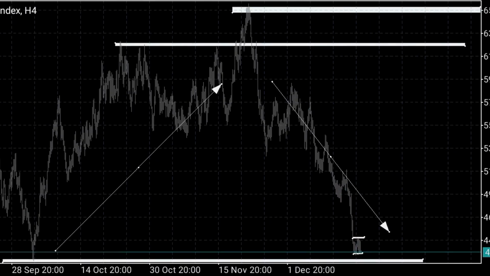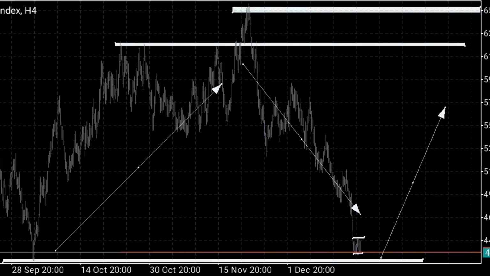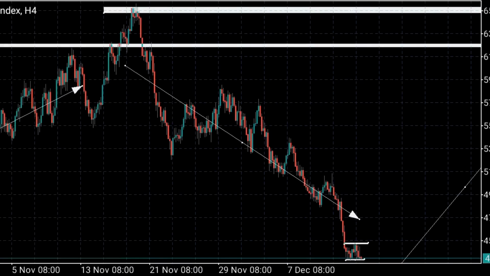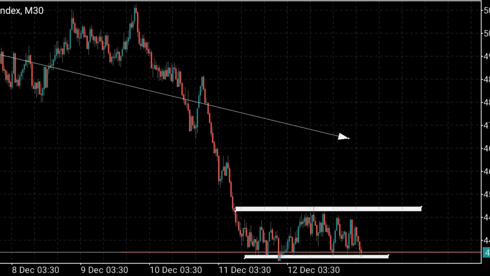So we are hoping that the double bottom that is due to be created will push the chart all the way to the upside. We are hoping that after a breakout on this consolidation level here, we'll have a push to the downside and then a breakout to the upside.